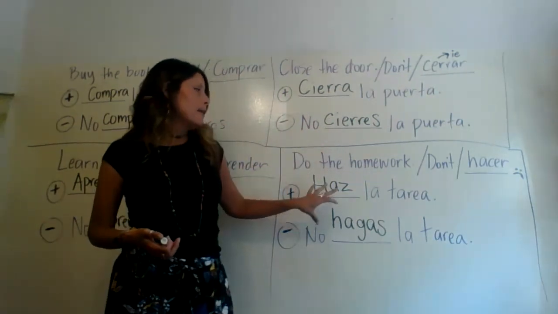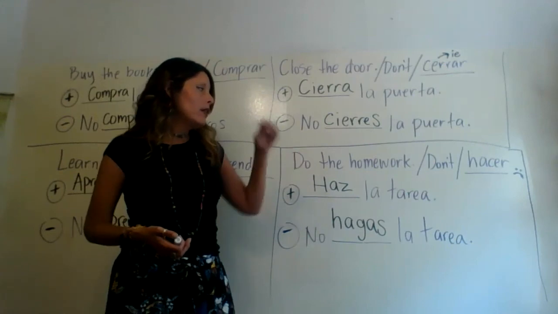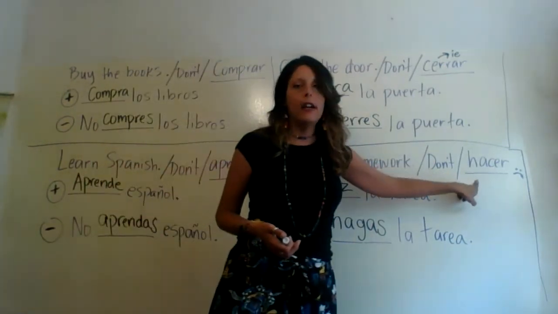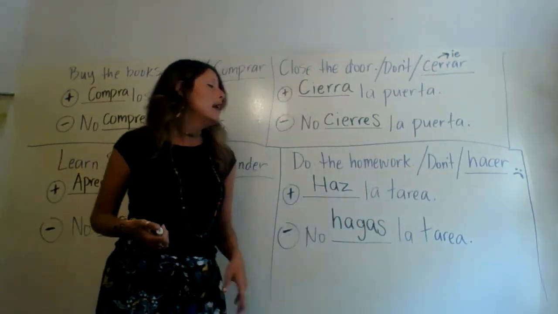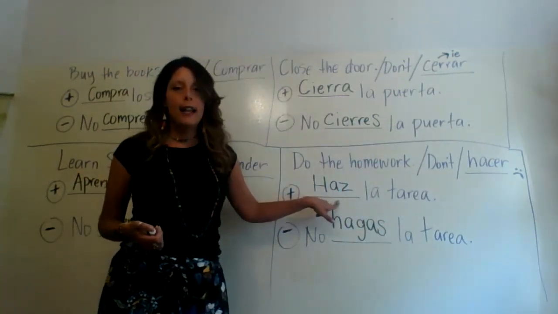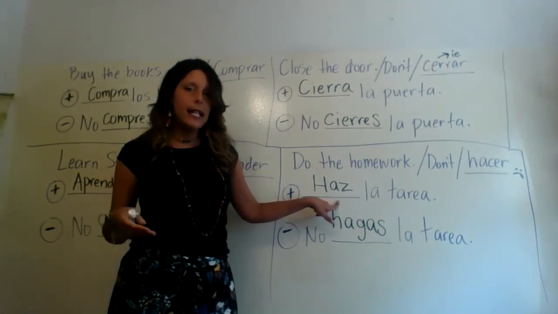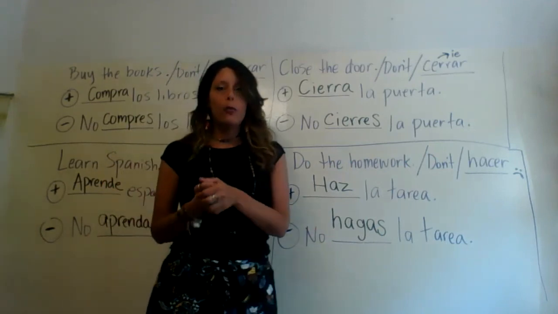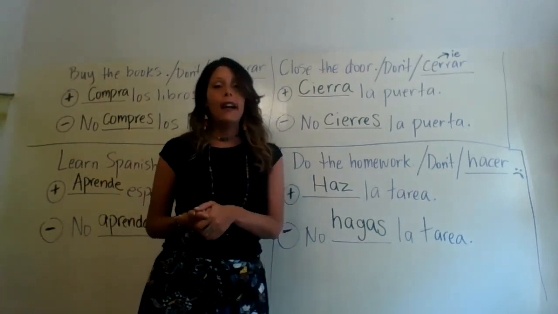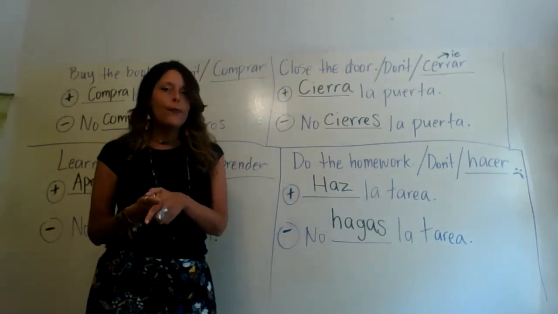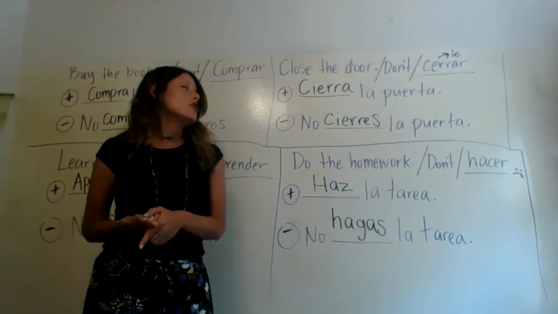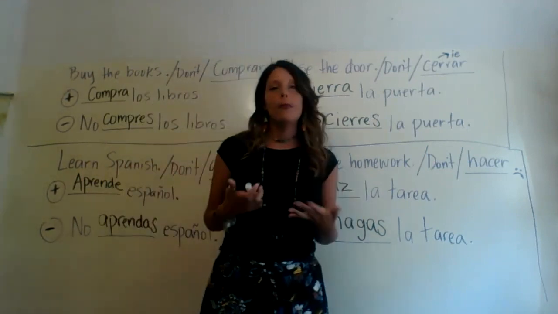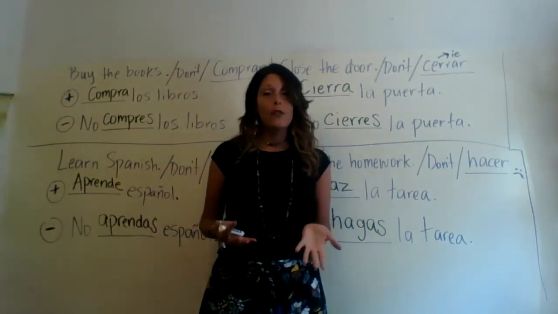And then this one is weird all around because the affirmative for hacer as an informal tú command just has to be memorized, and it is haz, H-A-Z, and the negative for an informal tú command with the verb hacer happens to be what kind of a verb? Spell change verb.